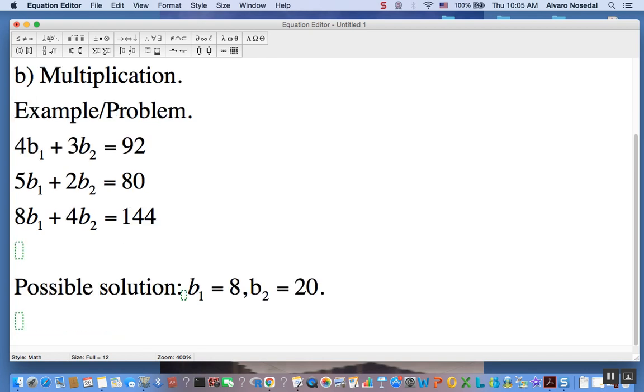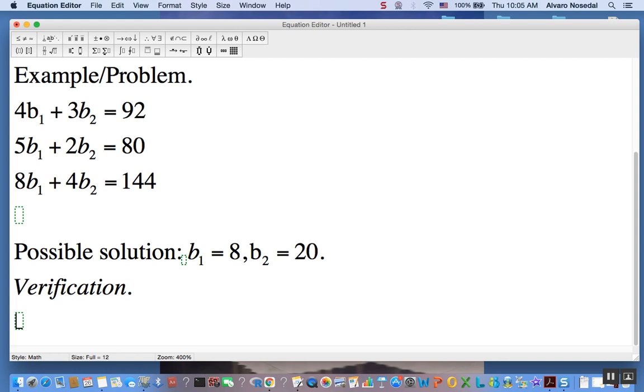Let's verify. So all we have to do is to substitute these values into each of these equations, and if these three equations are satisfied, then that pair of values, b1 equals 8 and b2 equals 20, well, they happen to be a solution for the system.